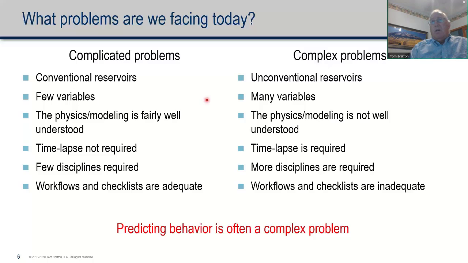And this is where Gawande said that workflows and checklists are adequate, and they're very helpful. You do this first, you do this second, and you do this third. Complex problems, on the other hand, I was thinking, yeah, this is a lot like the unconventional reservoirs, where we have many variables. We don't often understand totally the physics.